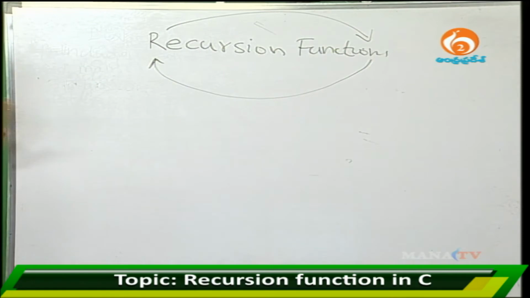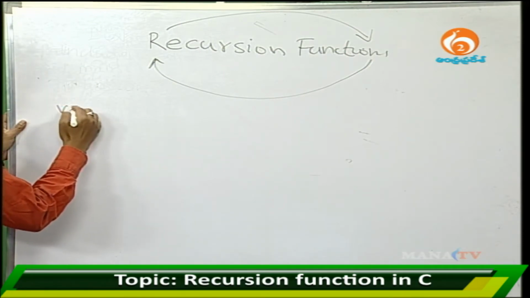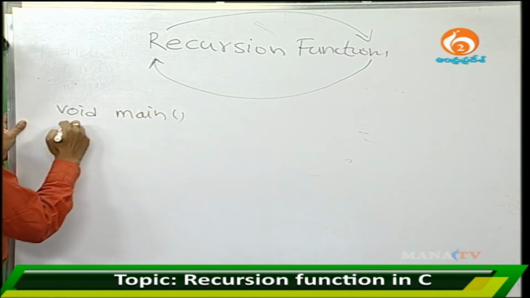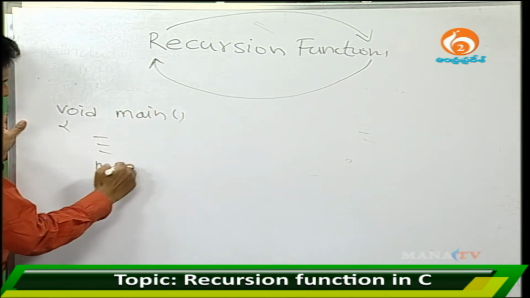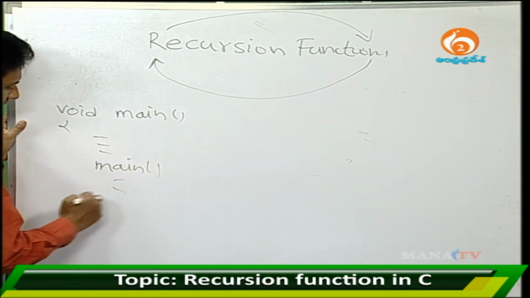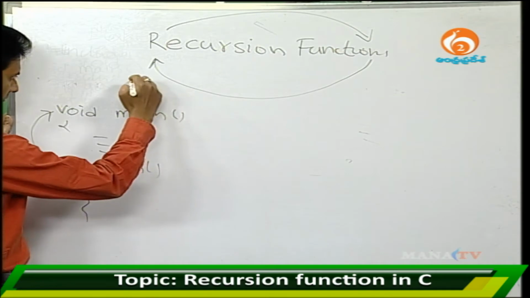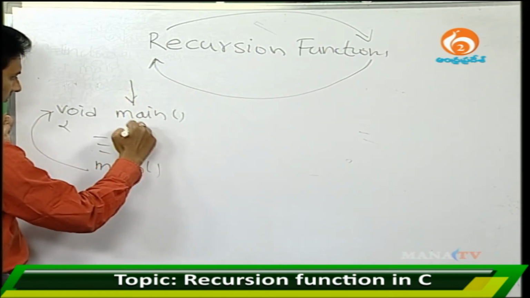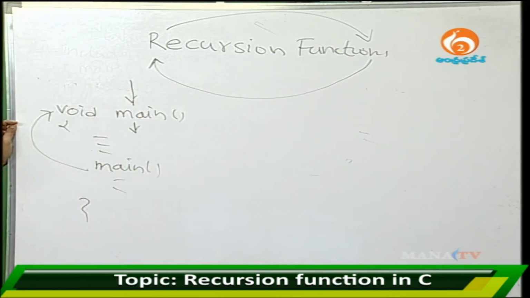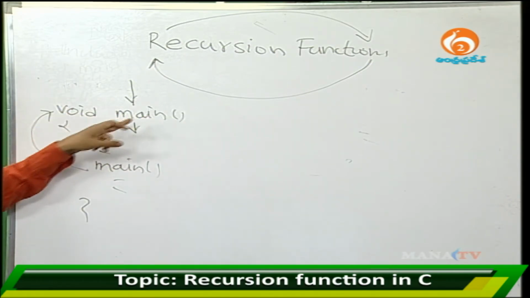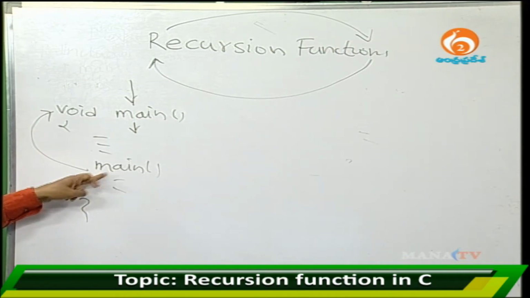Here I will show you. This is the recursion way. The f1 function is calling itself. This is called a recursive function.